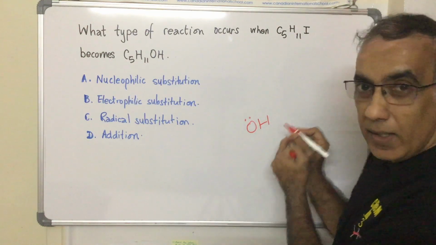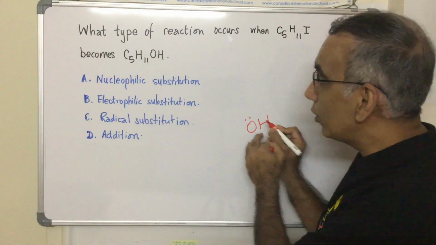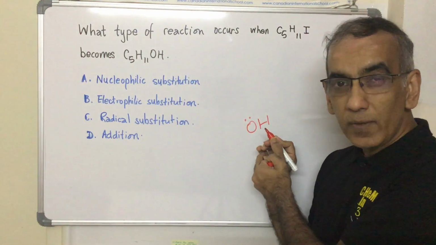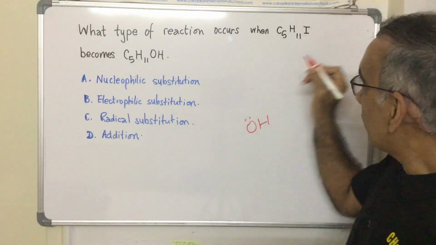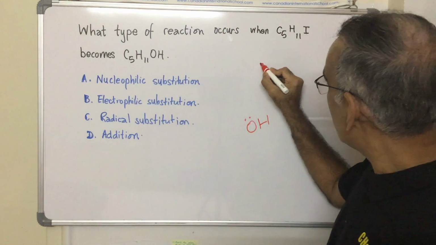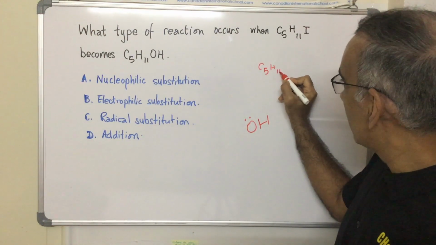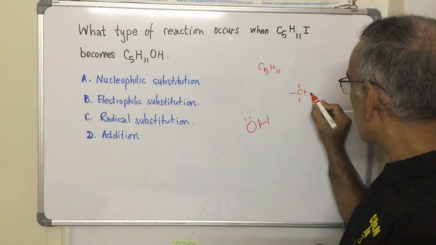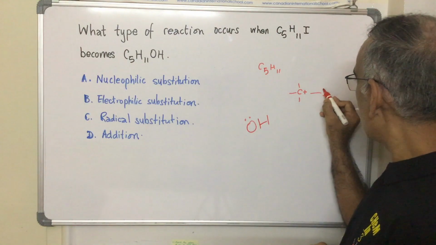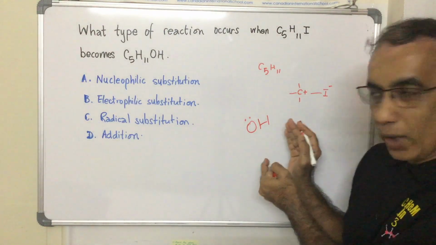But here in the SL chemistry syllabus, it's an entity that's capable of donating its lone pair of electrons to an electron deficient species. That deficient species, of course, here is going to be C5H11, which is going to carry a positive charge as it's associated with I negative, and this very polar bond.